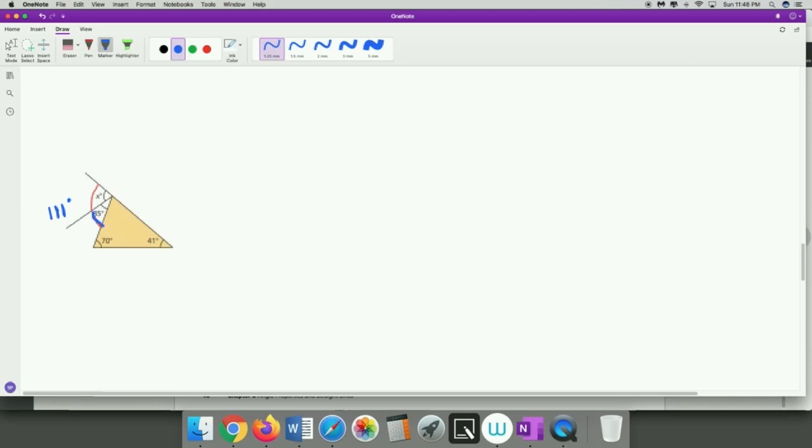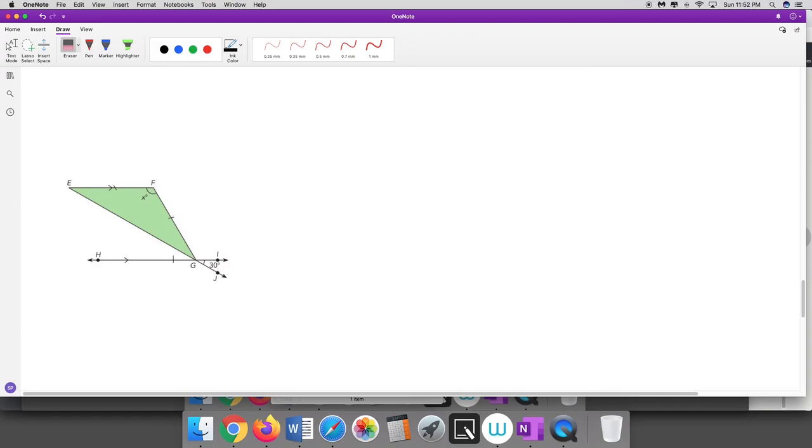I find this unknown part x just by doing 111 minus 35, and that's going to give me 76. So it was 76 degrees. All right, 76 and 35, yeah, 111. Perfect.